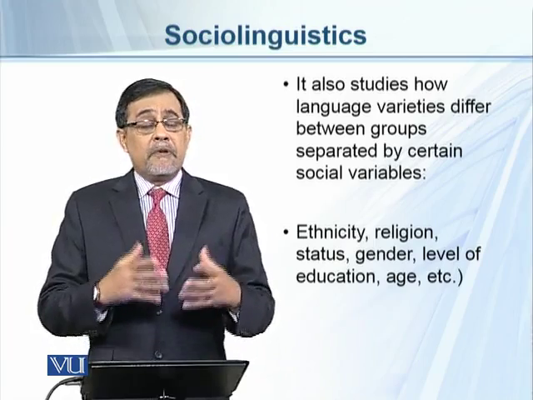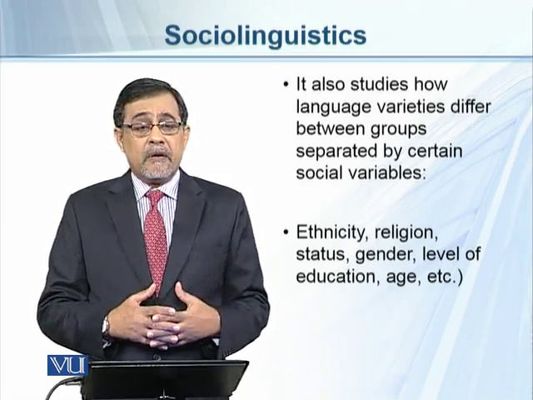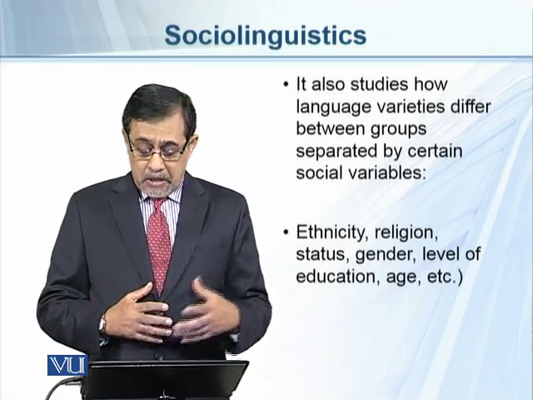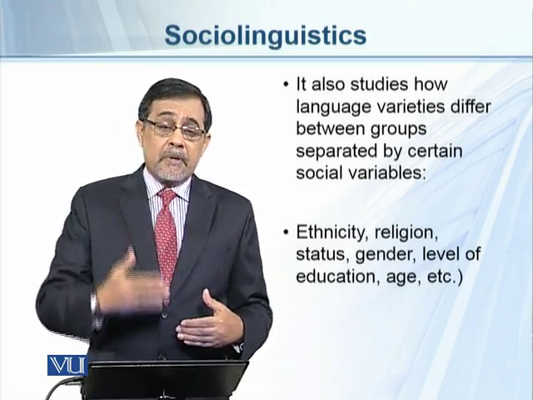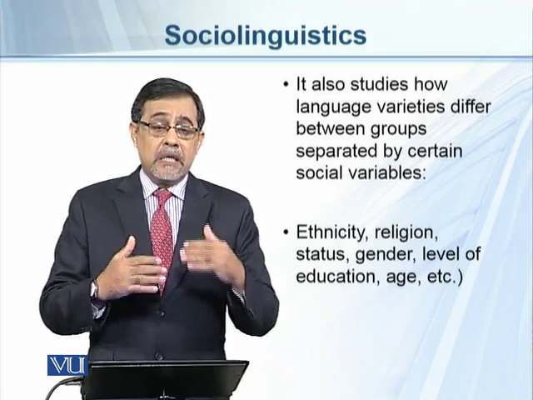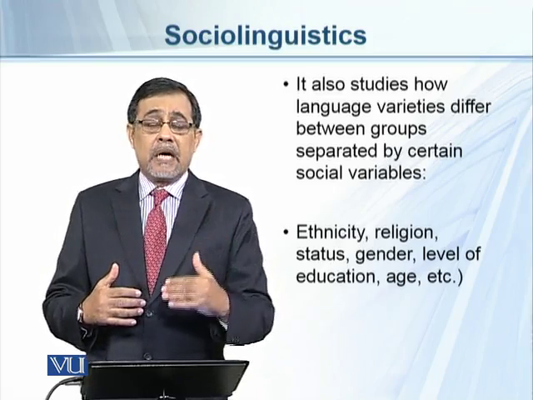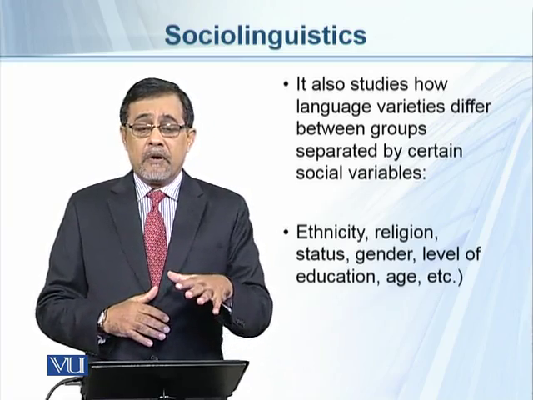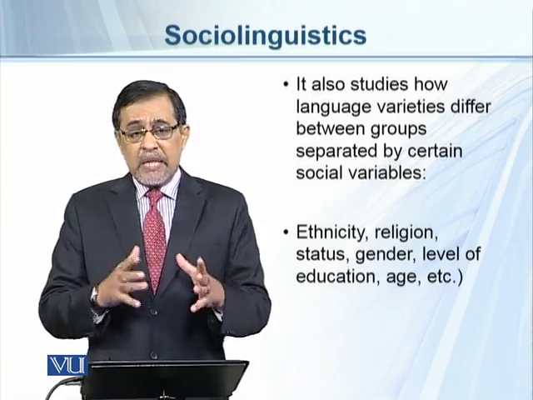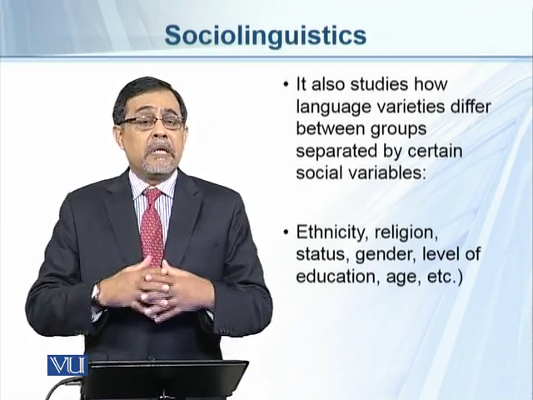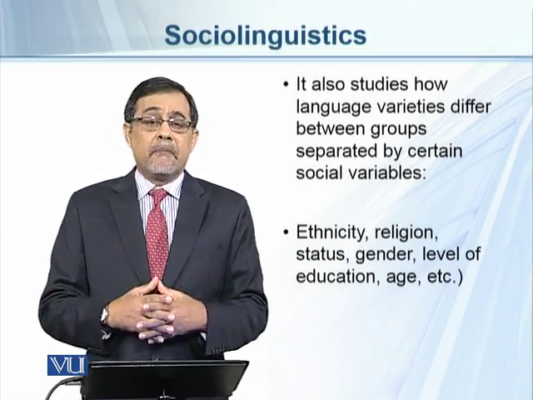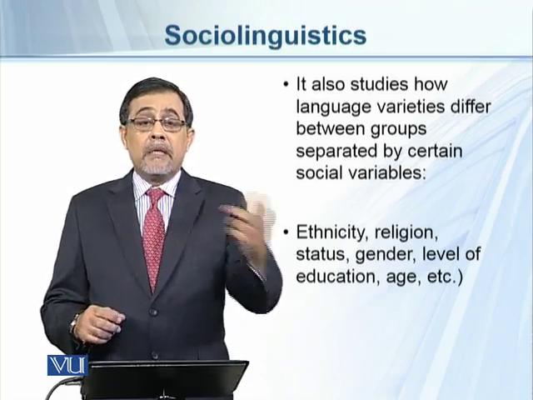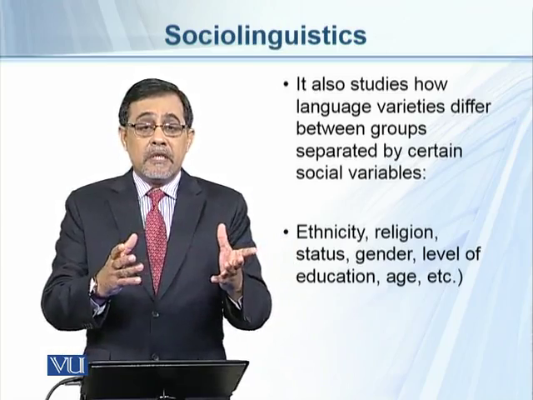Religion, people belonging to different religions use different types of language. Status, obviously, the upper class people, the elite class, the middle class, the lower middle class, the lowest strata of society, they use language. It may be the English language, but they use it so differently from each other that sometimes the comprehension of one group by the people of the other group is difficult.